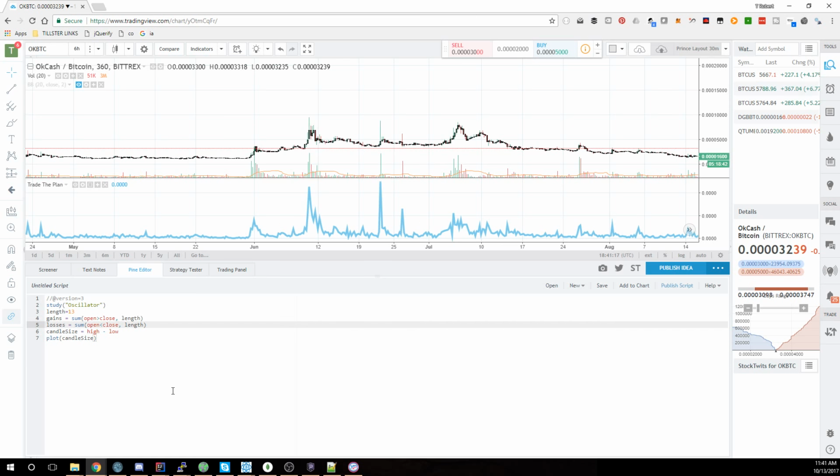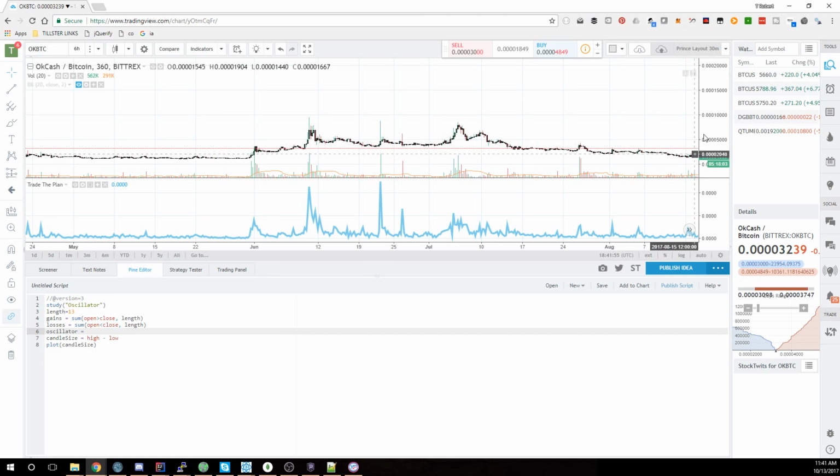Okay, so what we're going to do now is say our oscillator is equal to, let's see, coming back to our oscillator, the description was that we took the sum of all the recent gains and the sum of all the recent losses, and then divided the result by the sum of the price movement over the period.